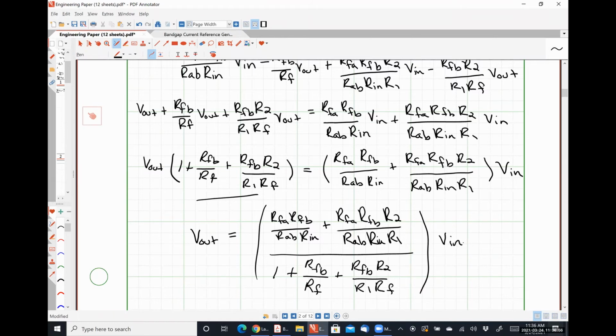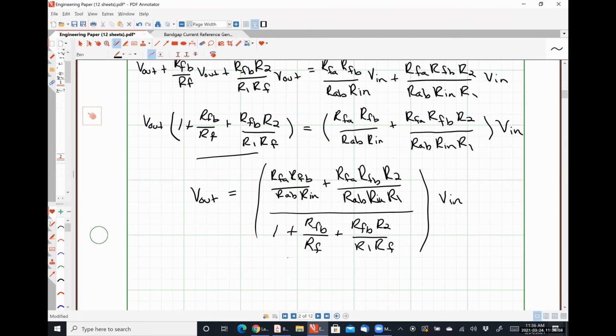And we did it. We found A, right? So this whole huge thing is A. And so that's the gain of our circuit. So now if we had all of those values, so those are all resistor values, right? And so we would have those in a real circuit. We could plug in all of those numbers, and then whenever we plug in a V in, we know what V out would be.